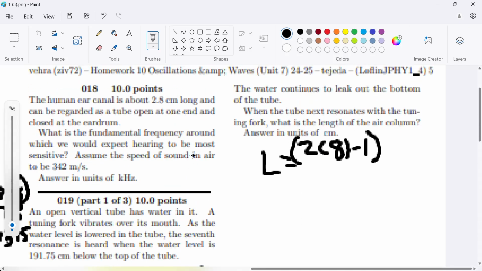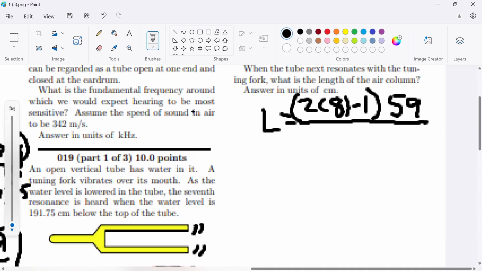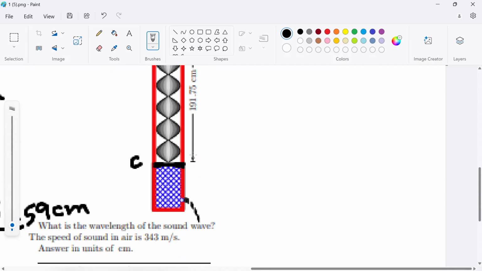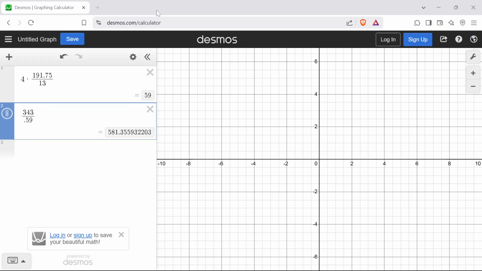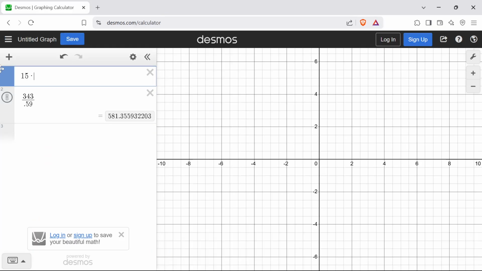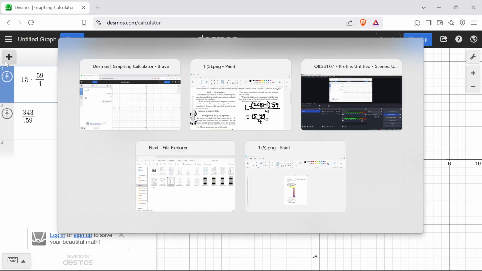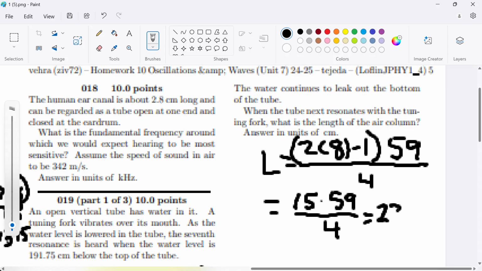Now this time it wants it in centimeters, so I can just put 59 centimeters for the wavelength divided by 4, which is equal to 15 times 59 divided by 4, which is equal to 221.25 centimeters.